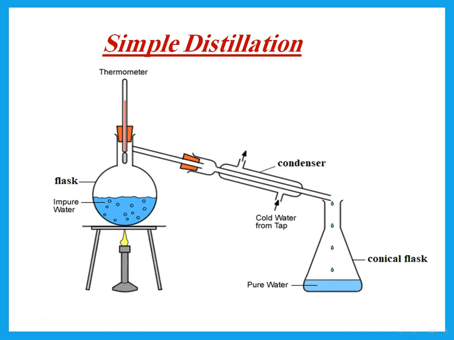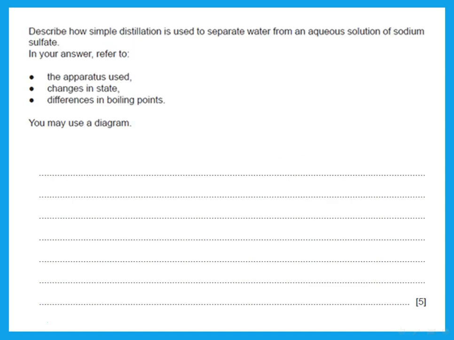The water, for example, has lower boiling point than the salt that is dissolved in it. So it will boil first, go into the condenser. If he says what is the function of the condenser, it is to cool and condense the vapor. To cool and condense the vapor, and I get the pure liquid collected in the conical flask.